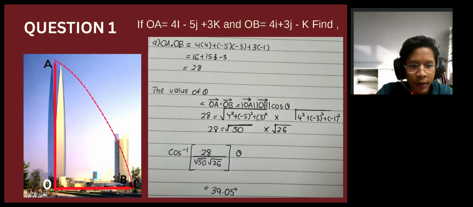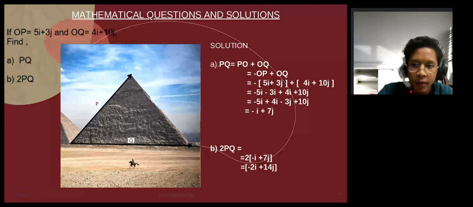We can use the equation here from the slide, that is cos to the power of negative 1 of 28 over root 50 times root 26, and we can find theta is 39.05 degrees.